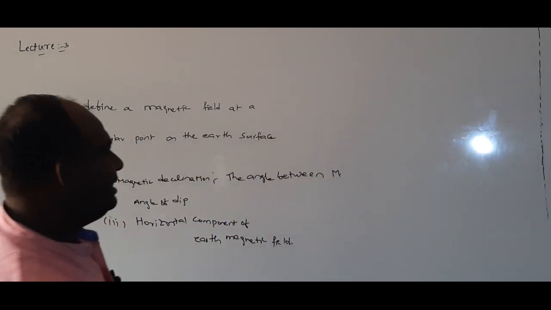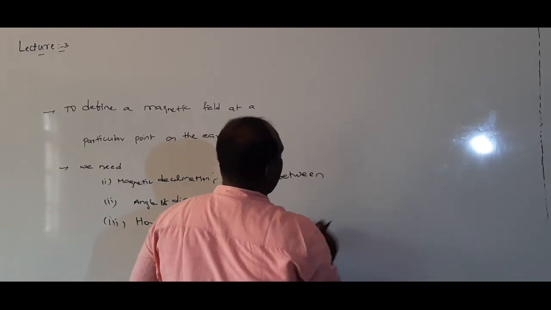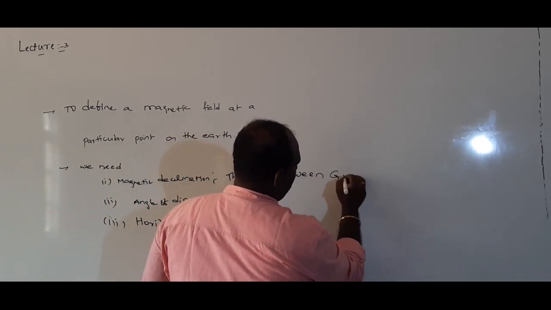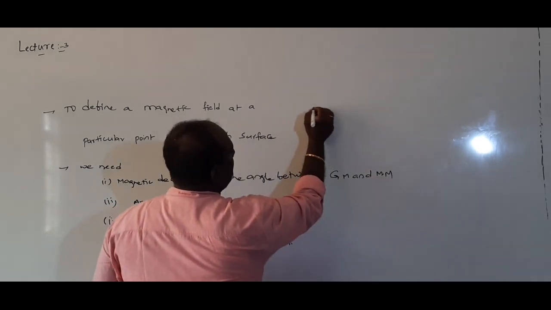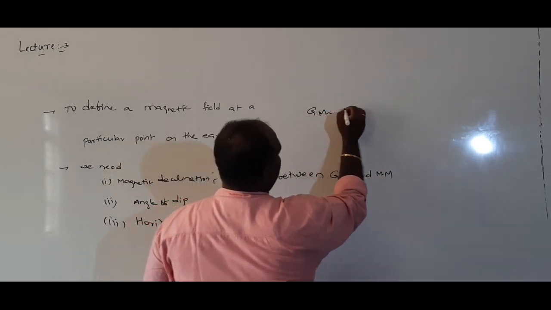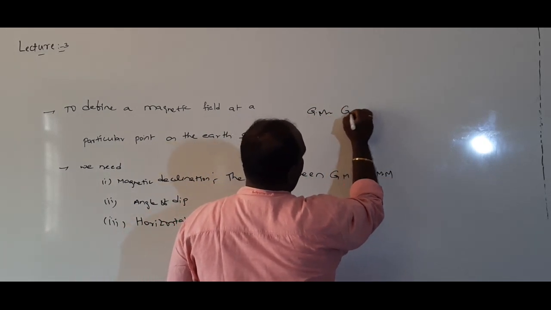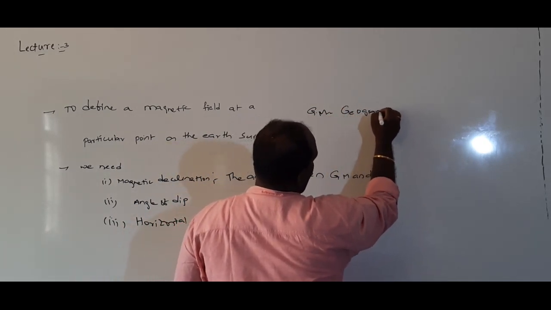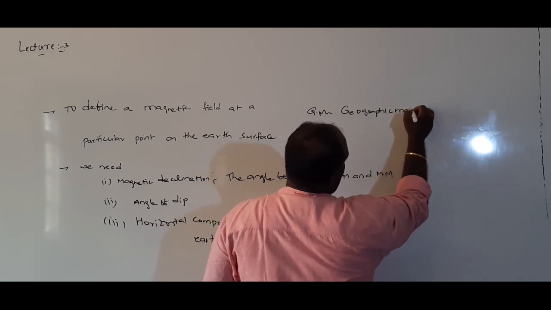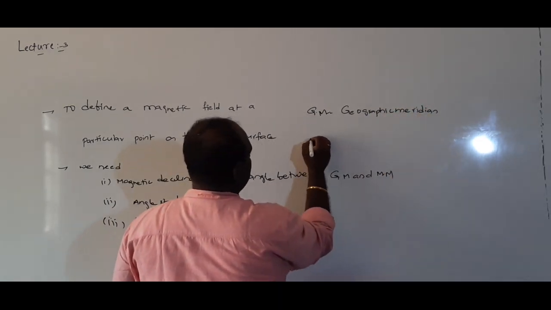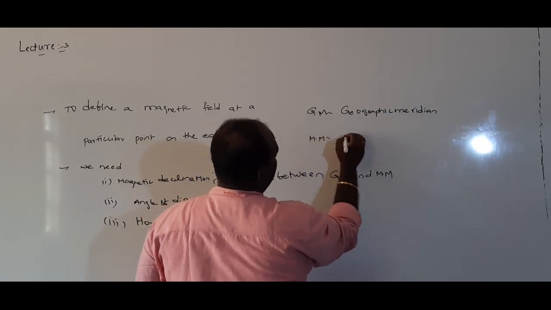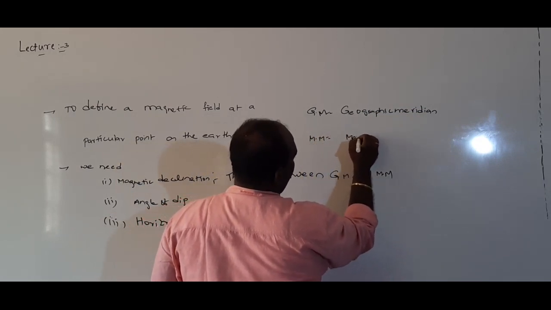Please try to understand GM and MM. GM indicates the geographic meridian, and MM indicates the magnetic meridian.